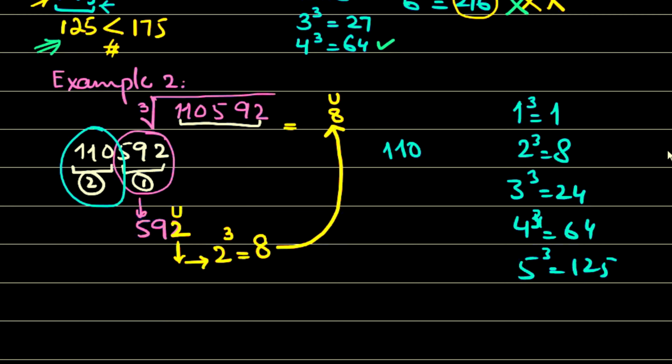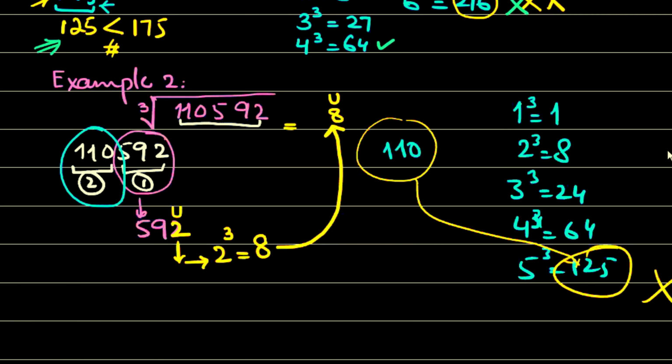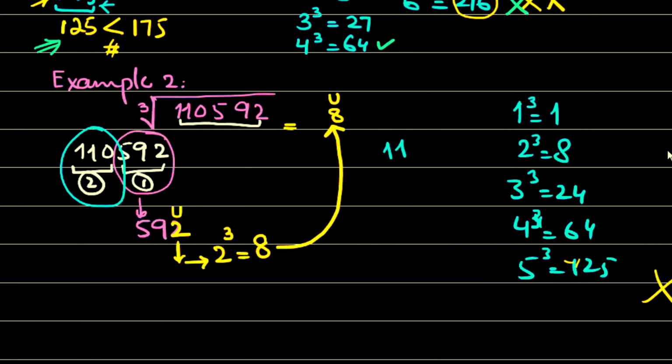So 110 versus 125: 125 is bigger, so I will not take it. Okay? I have to take a smaller one or an equal one, so I will go with the previous one. So I will take this one. Yes, 64 is smaller than 110.